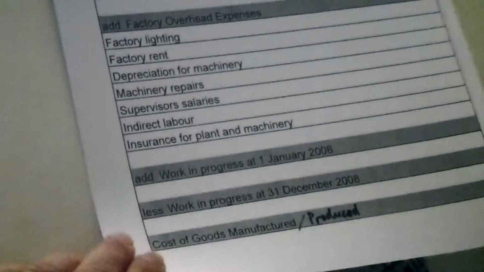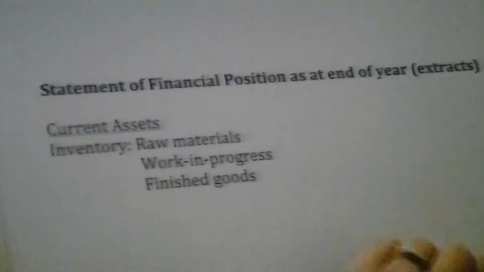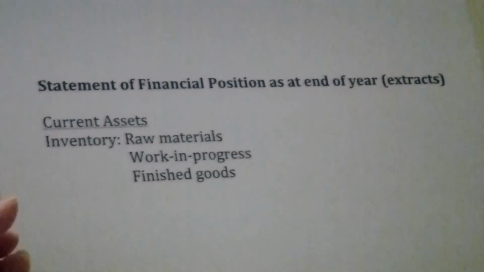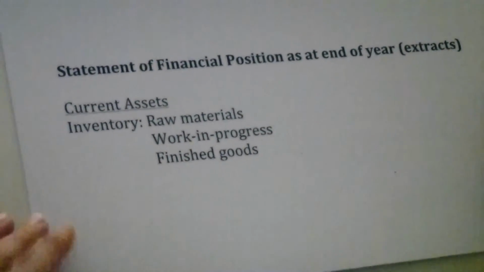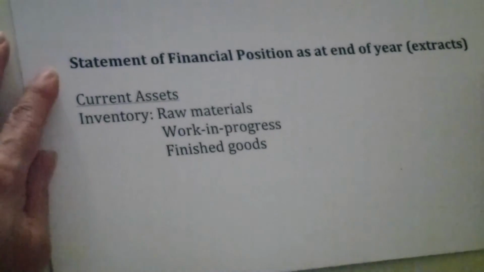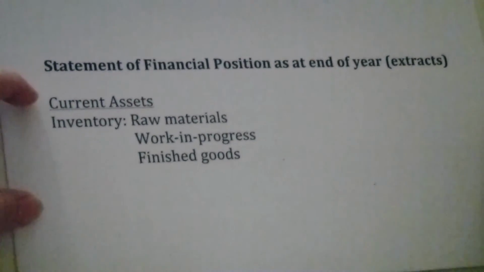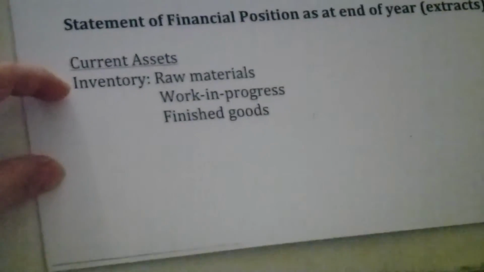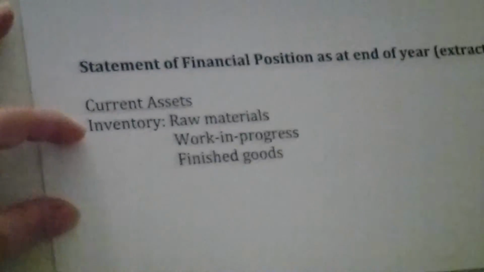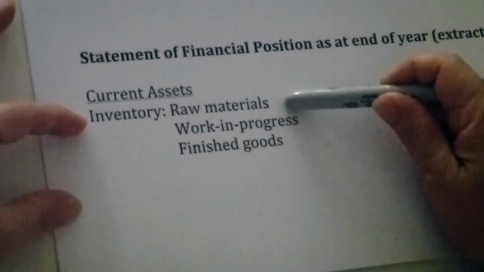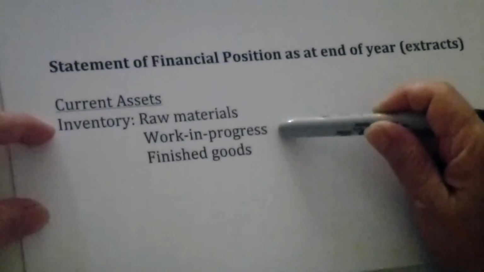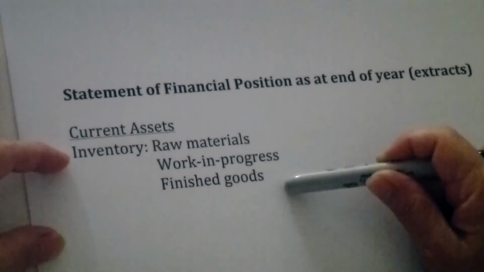And now, after your income statement, you go on to prepare your statement of financial position. The only difference in your statement of financial position here, this is an extract, all right, is under your heading, current assets. Now, you have three types of inventory: your raw materials, your work in progress, and your finished goods.